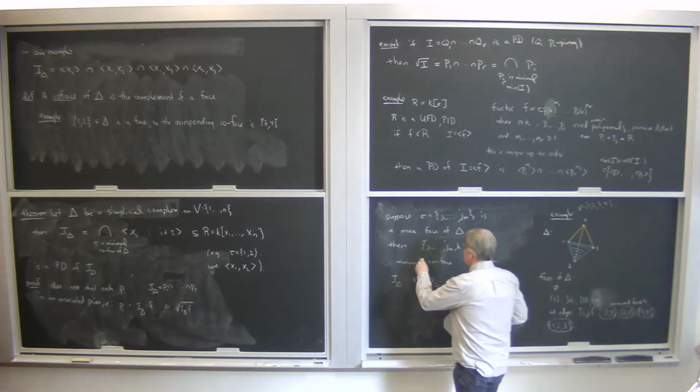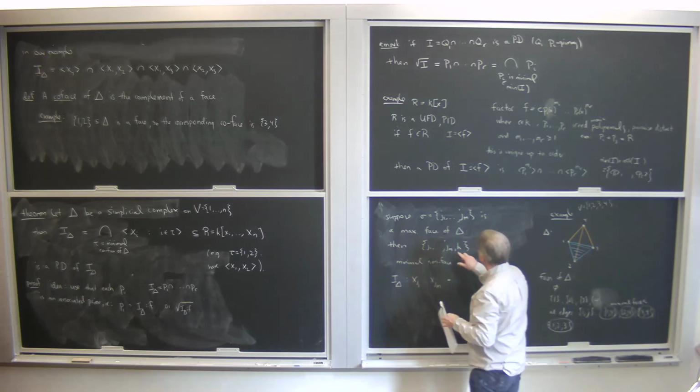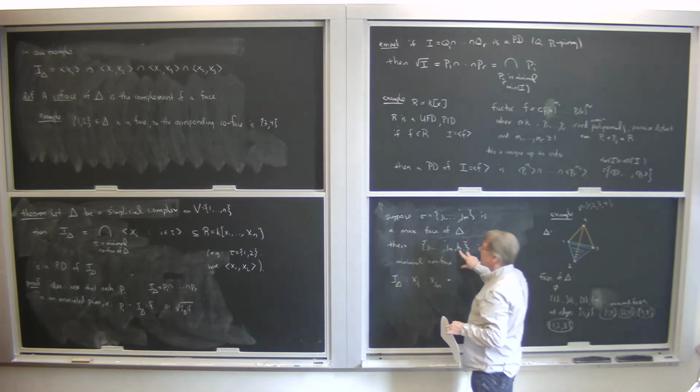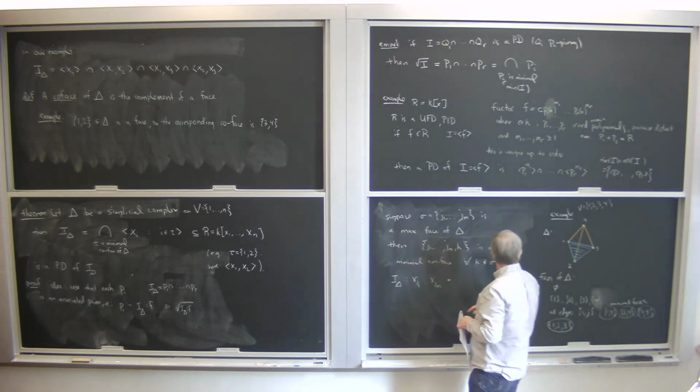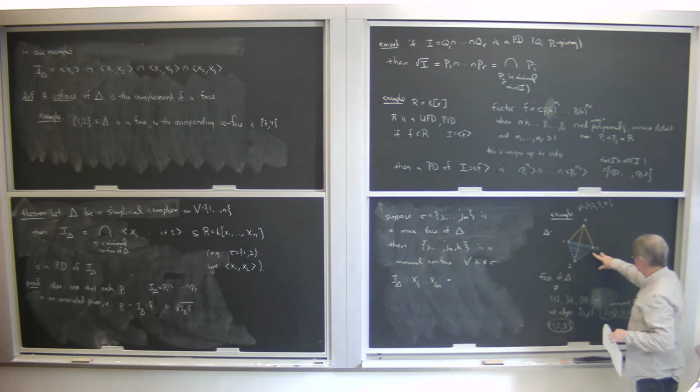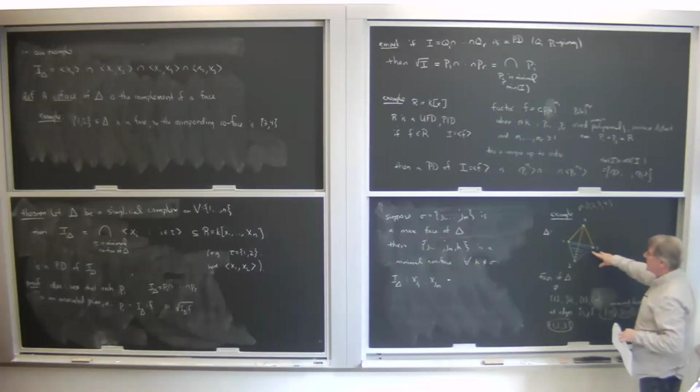So forget the minimal. I think it's possible that Jm and K could be a minimal non-face. Look at the example. Take sigma to be the face 1, 2, 3, and then imagine that we delete an edge, say 1, 4, and then drop 1 from the set, but throw in 4.